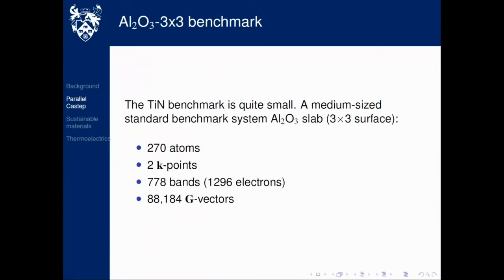And actually, I slightly glossed over one subtlety, which is you can have 2 electrons in each state. So I've got nearly 1,300 electrons, and we're typically computing about 800 bands for that. And we've got around 100,000 plane waves, 100,000 G vectors. So it's a much bigger calculation.